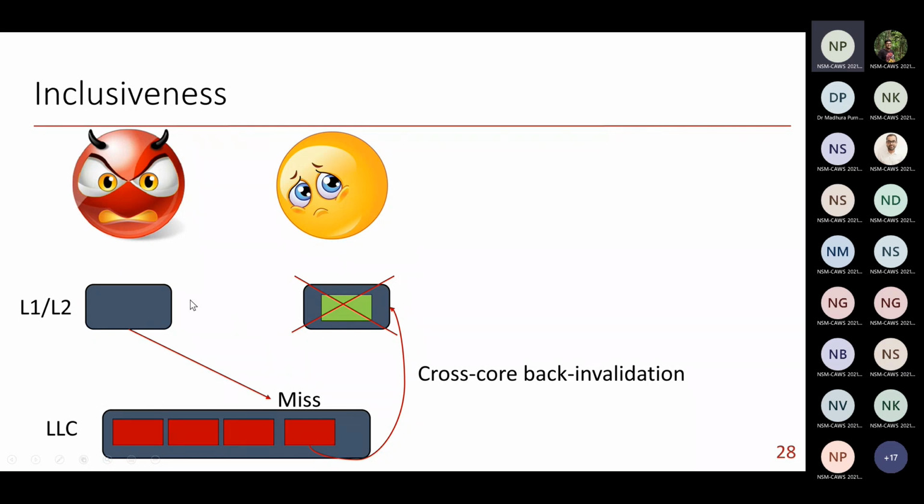If you look at an inclusive cache, the attacker can control the contents of the private cache of a victim by just thrashing the last level cache. But this is not possible in non-inclusive caches and exclusive caches. Although probabilistically it's possible, it's not that simple. So you can easily correlate the ideas that we discussed in the morning.